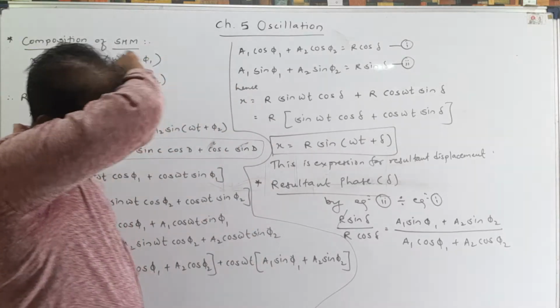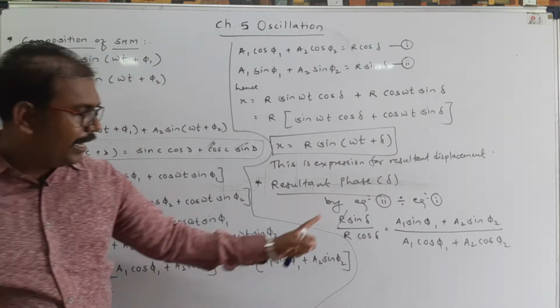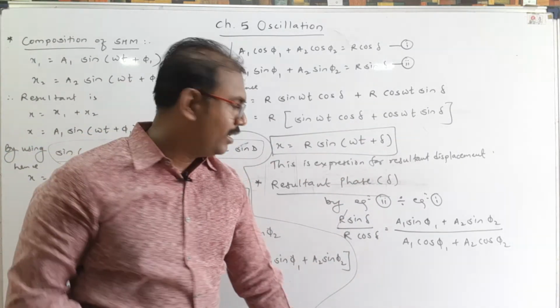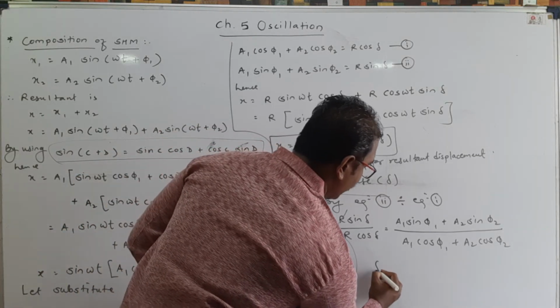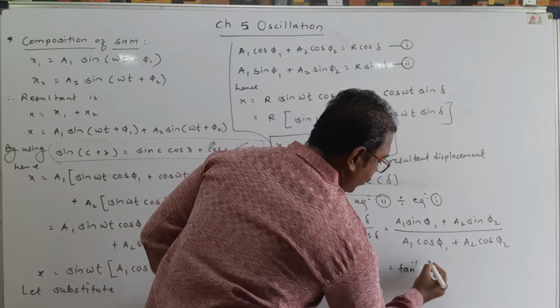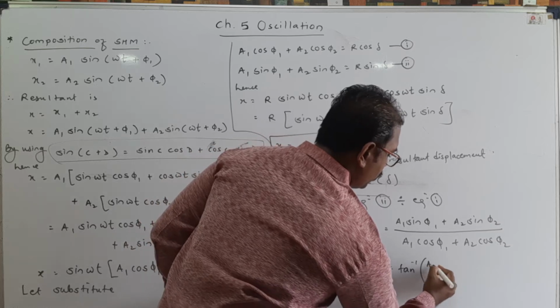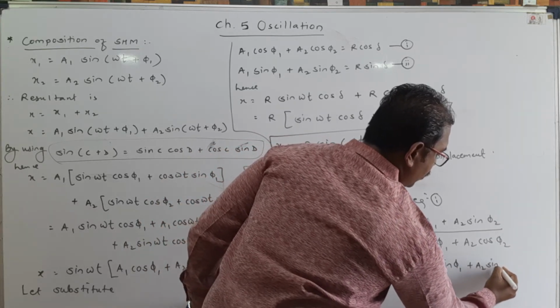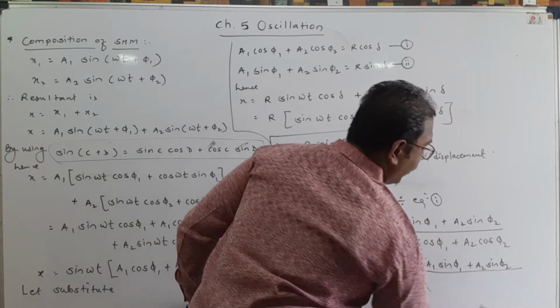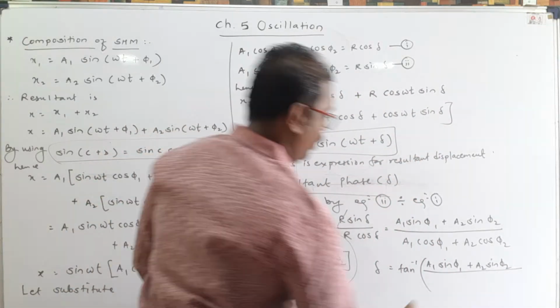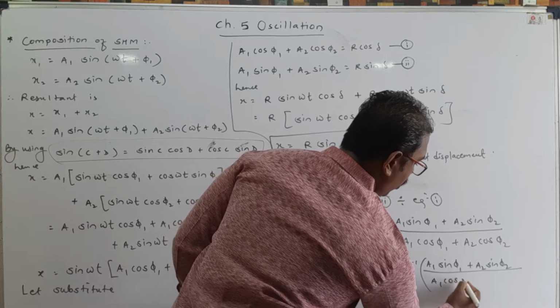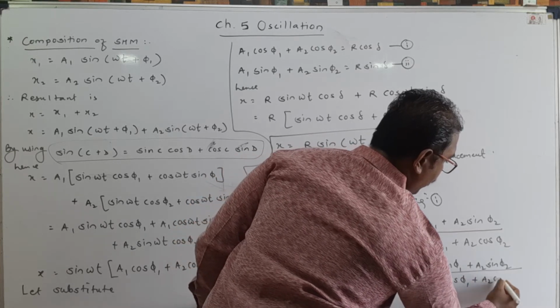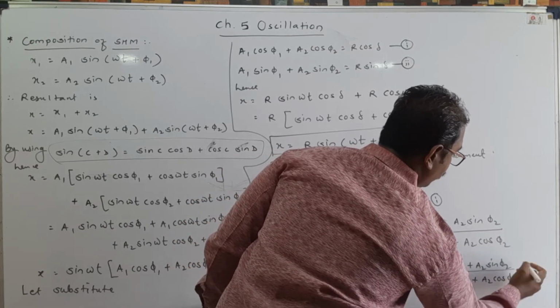But we have to obtain the expression for delta, so I can shift tan to that side as tan inverse. So we get delta is equal to tan inverse of this bracket: A1 sin phi 1 plus A2 sin phi 2, divided by A1 cos phi 1 plus A2 cos phi 2.